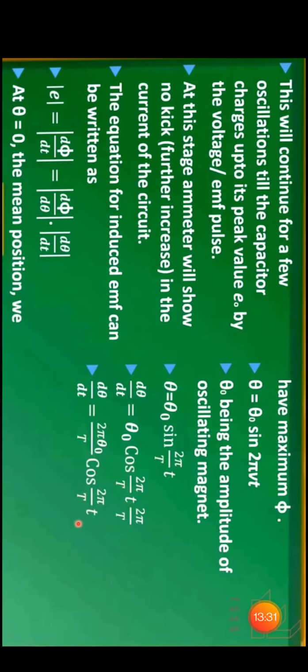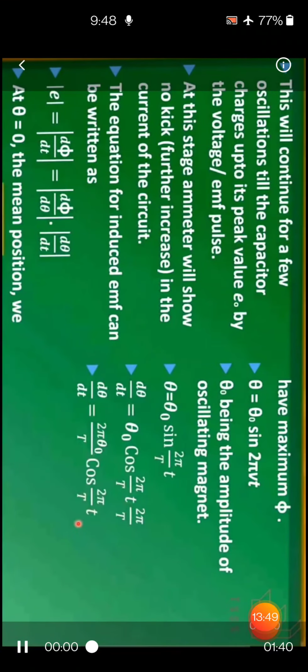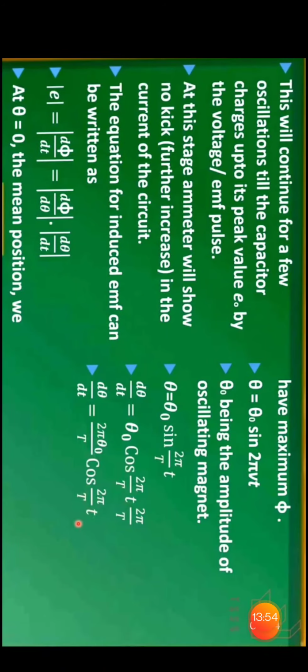Therefore, dθ upon dt is equal to θ0 cos 2π upon capital T into small t, into 2π upon capital T. Therefore, dθ upon dt is equal to 2πθ0 upon T cos 2π upon T into small t.